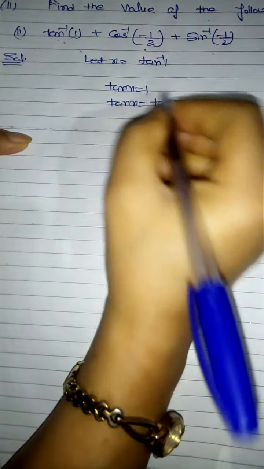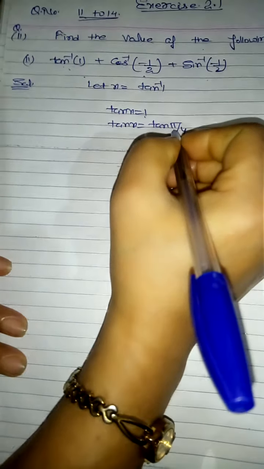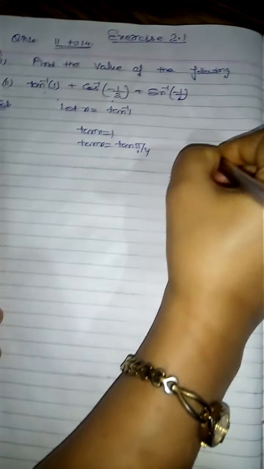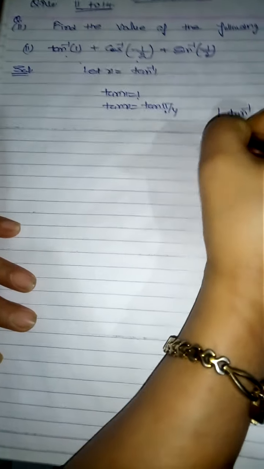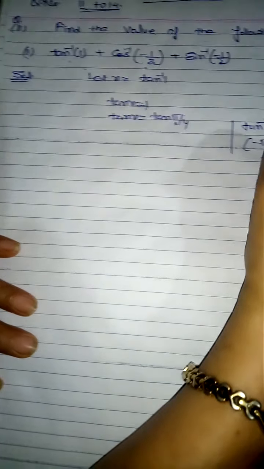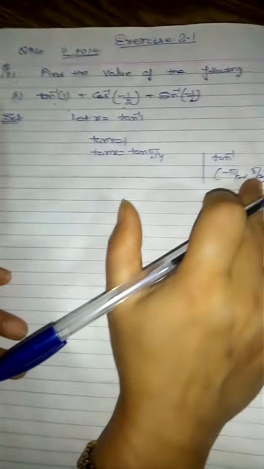So we can write 1 is equal to tan pi by 4. Now what is the range of tan inverse? The principal value of tan inverse is minus pi by 2 to pi by 2.